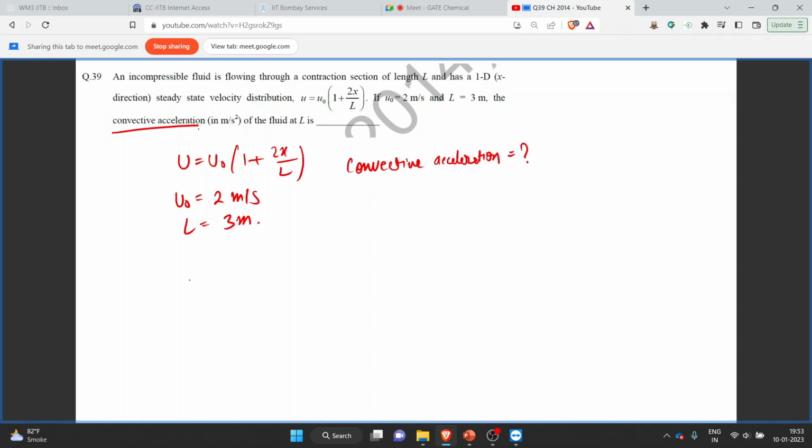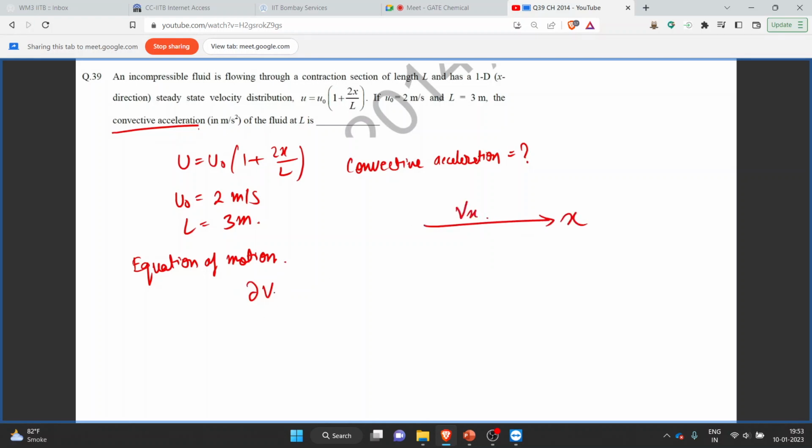Now, from the equations of motion, we can write the equation of motion for this system as, for the velocity in x direction. This is our x direction.